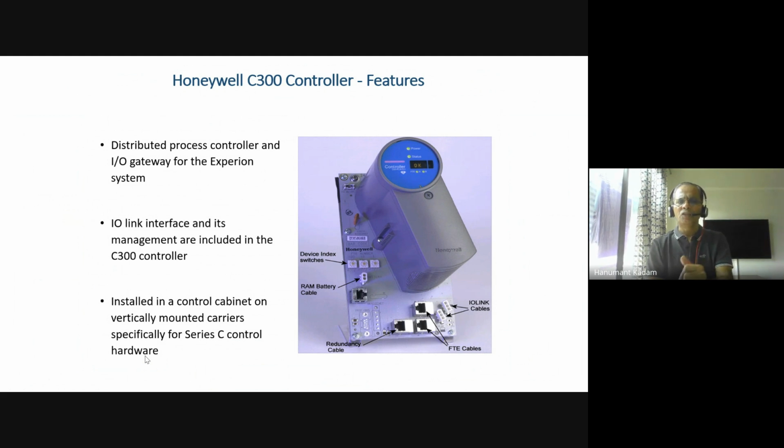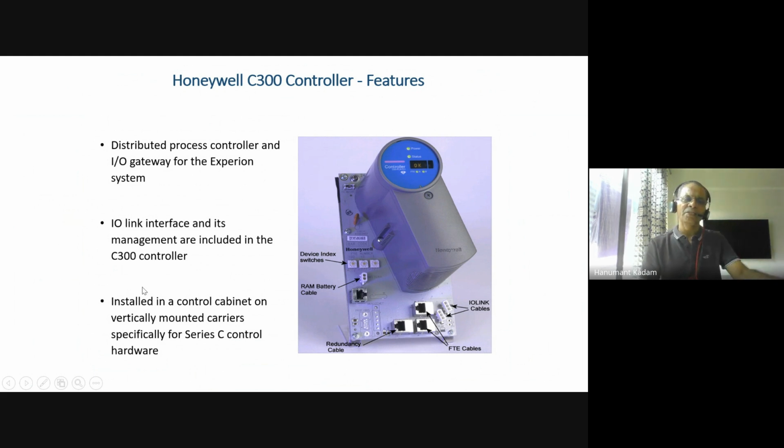You can see very clearly the plane where it is installed, and the other connectors are for IO link, FTE, and redundancy cables. If redundancy for the controller is there, from here the cable goes to another backplane, and there is the RAM battery and device index switches. This is the way a new Series C system is built.